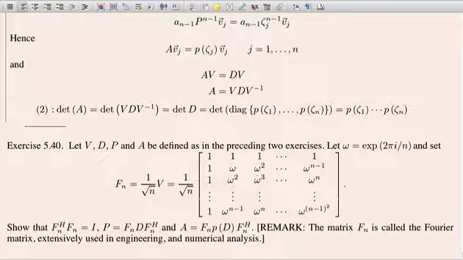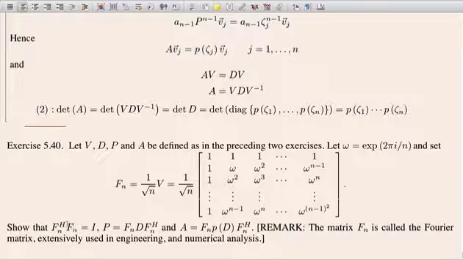So this is actually called the Fourier matrix, also called the discrete Fourier matrix, used extensively in engineering and numerical analysis. Extremely important matrix. It has the property that if you multiply Fn with its Hermitian from the left, then you get the identity.